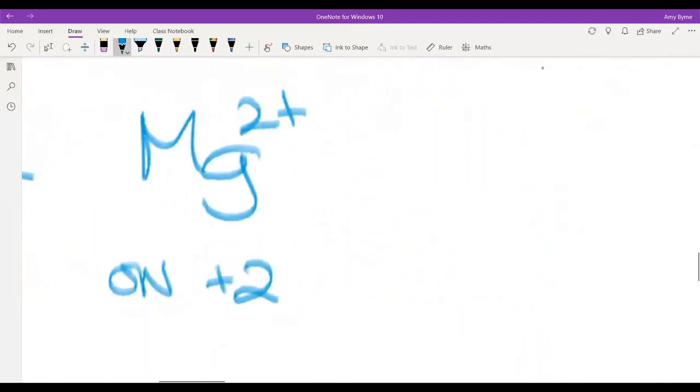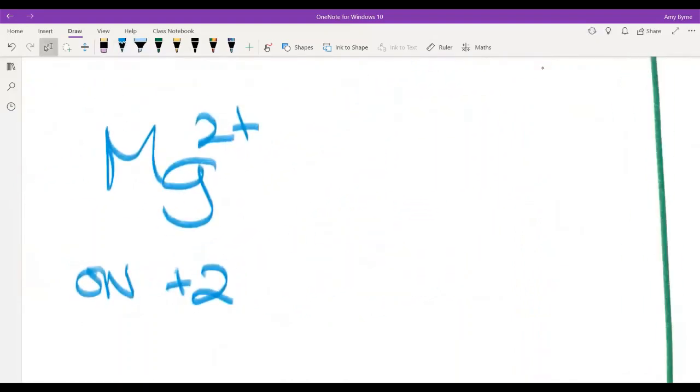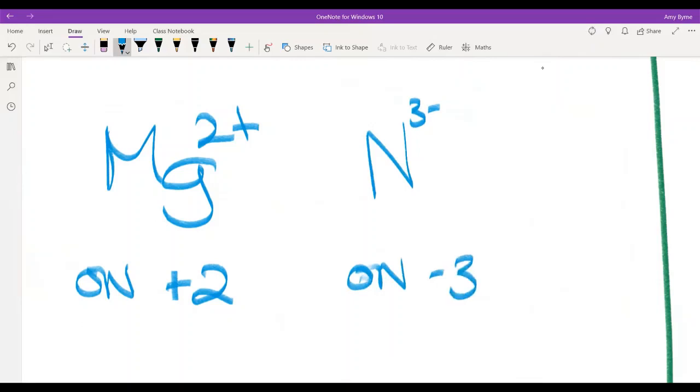We switch around the sign. So the sign is at the front on the oxidation number. That is something that the IB will mark against you for. So keep that in mind. For something like the nitride ion we talked about earlier, the oxidation number of that would be -3.